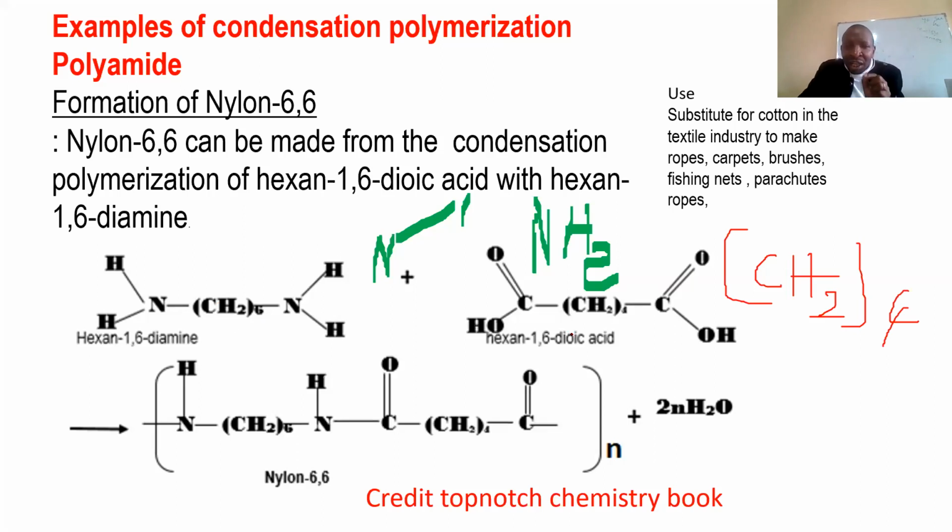Because remember, these are 4 carbon atoms plus this one plus this one. In total, how many carbon atoms can you see? 6. Yes, so that's why we are still calling it hexane, because the other carbon atoms are here. And it has a carboxyl group on the first and the 6th carbon atom. If you count 1, 2, 3, 4, 5, 6, it becomes hexane-1,6-dioic acid.